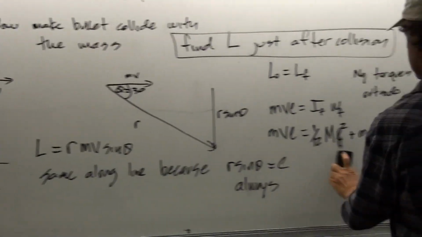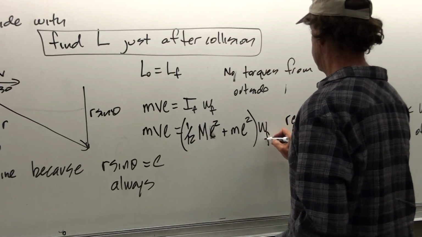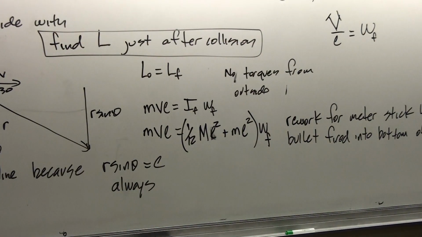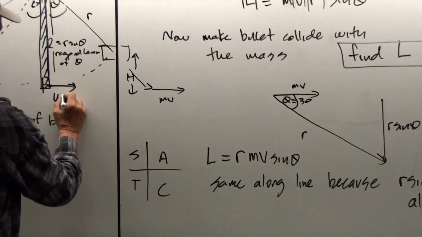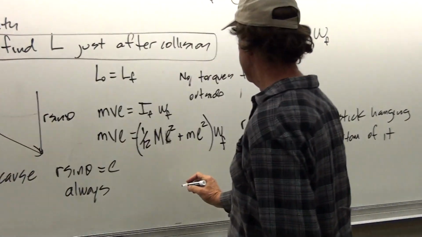So this is going to be I times omega final. So now we can figure out the final omega for this problem. It's going to be a little more complicated.